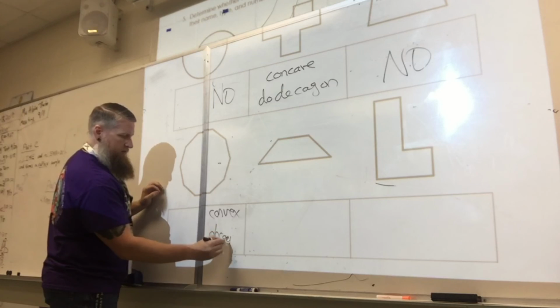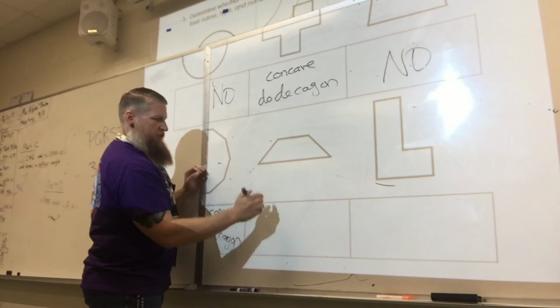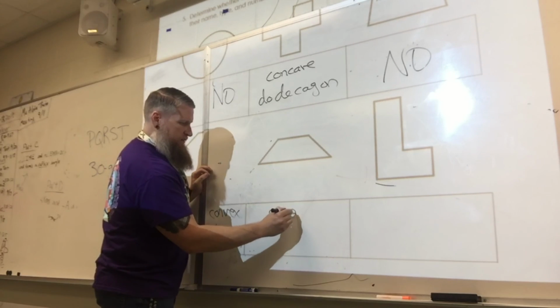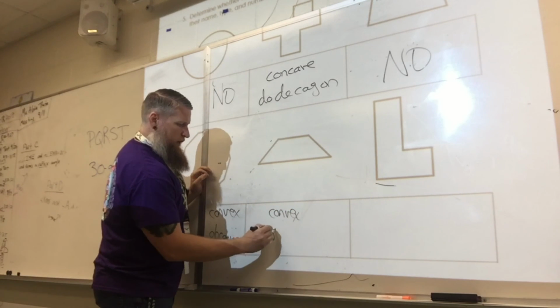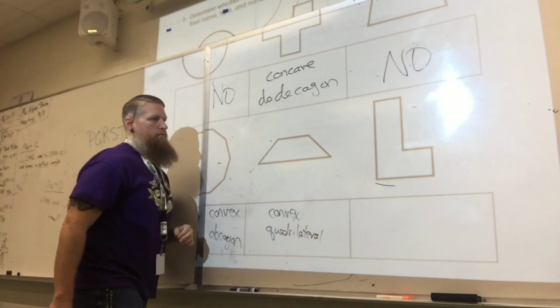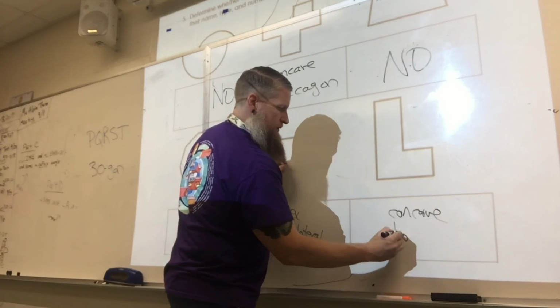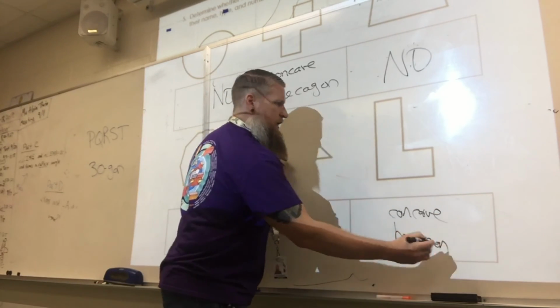It's convex because everything is pointing out. This one, again, is convex. And that's your quadrilateral. And then over here, this is a concave hexagon.